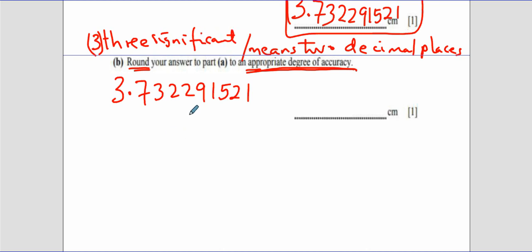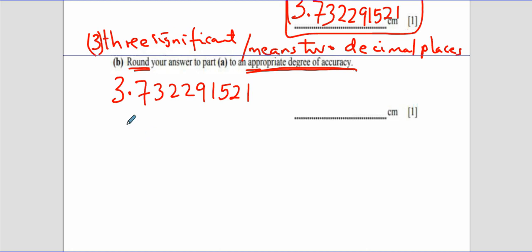Now should I move with the concept of 3 significant figures, or should I move with 2 decimal places? I guess in the previous page I talked about 2 decimal places. Now let me talk about 3 significant figures.